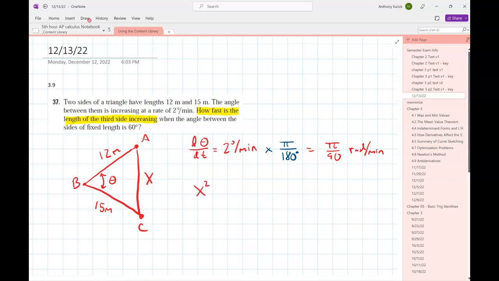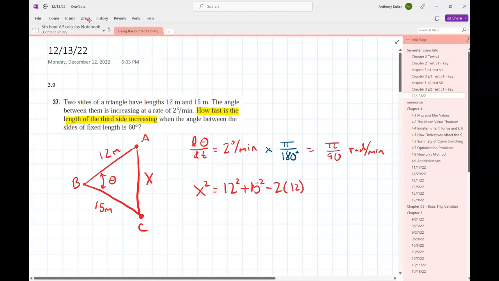So I have x squared is equal to 12 squared plus 15 squared minus 2 times 12 times 15 times cosine theta. So that's my law of cosines.